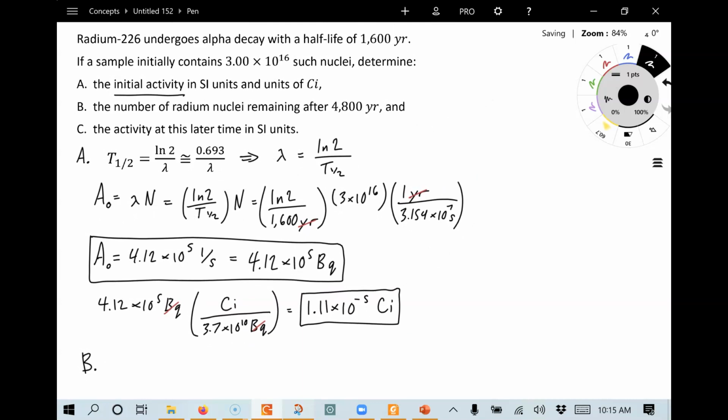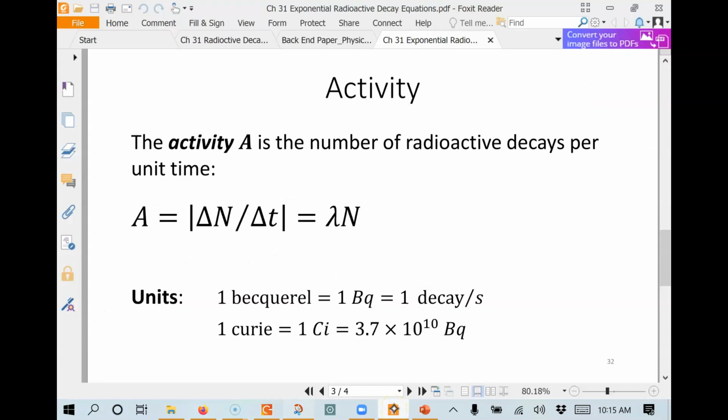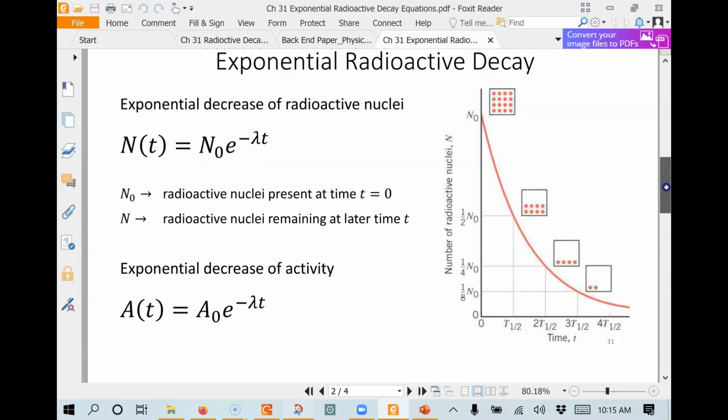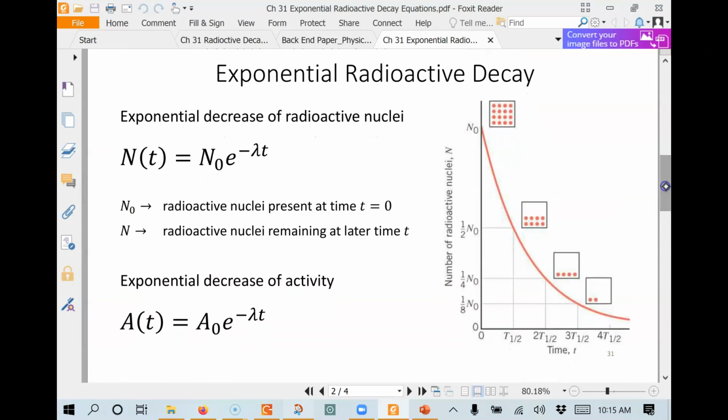Now, 4,800 years later, how many are remaining? Well, we need to use an equation for exponential decay to figure that out. And here both of these apply. This is the number of remaining radioactive particles. This is the activity. We're looking at this one here. So we can go ahead and copy that equation and use it.